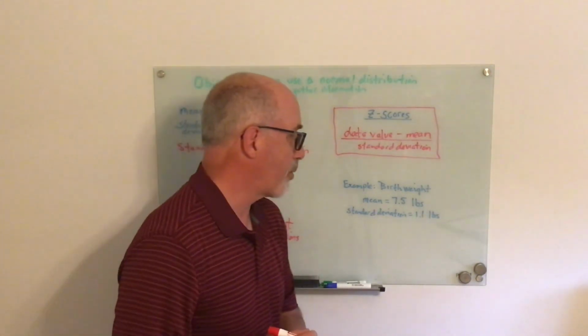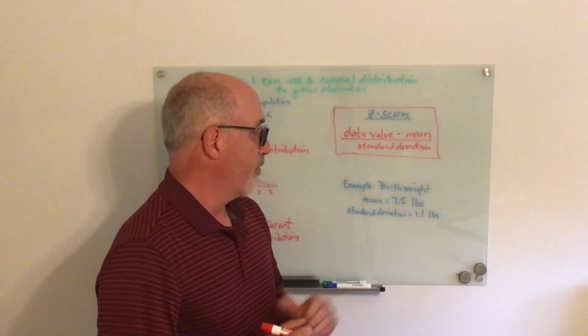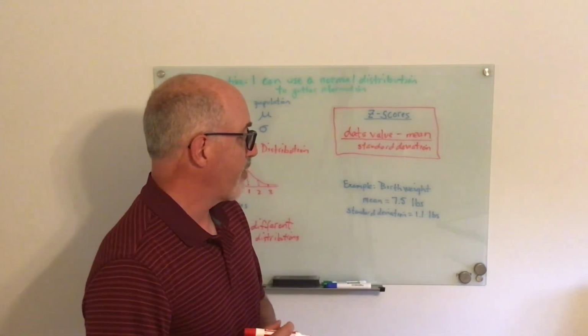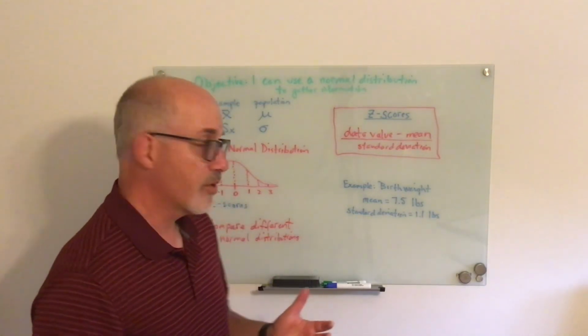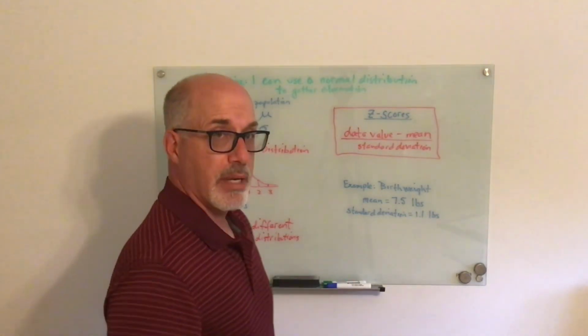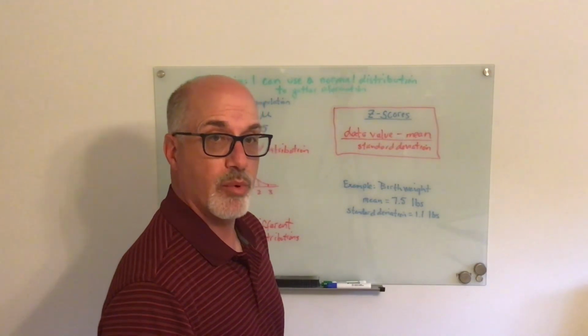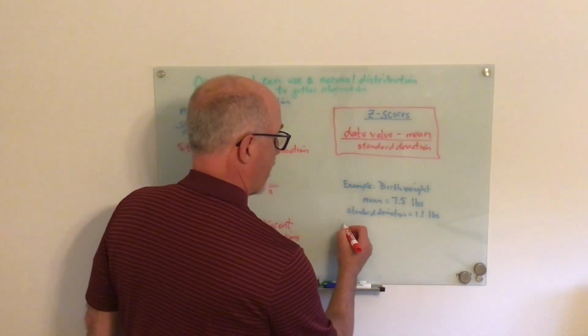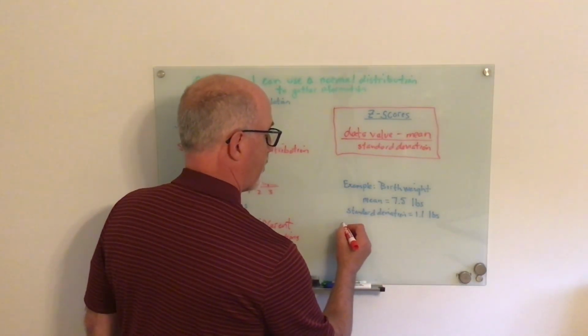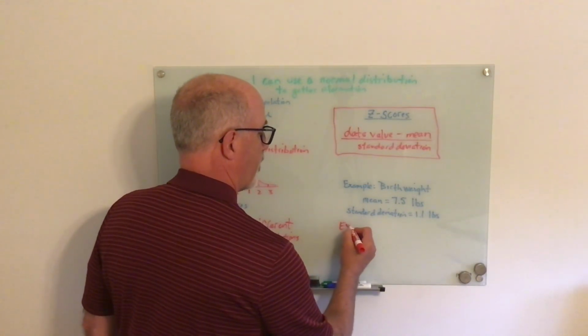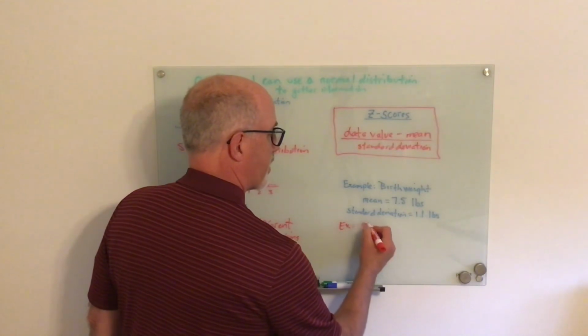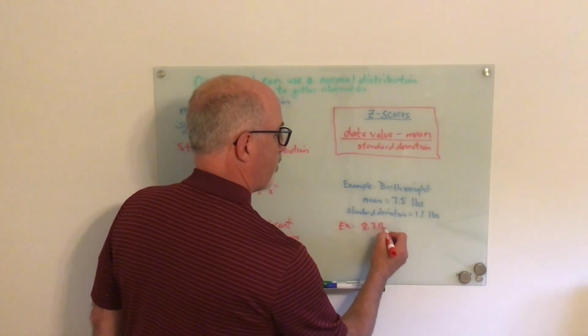So we use our birth weight example. If we have our mean as 7.5 pounds and our standard deviation is 1.1, what you do is, let's say that we have a baby that's born that's 8.3 pounds, okay? So a newborn, for our example, we have an 8.3 pound newborn.